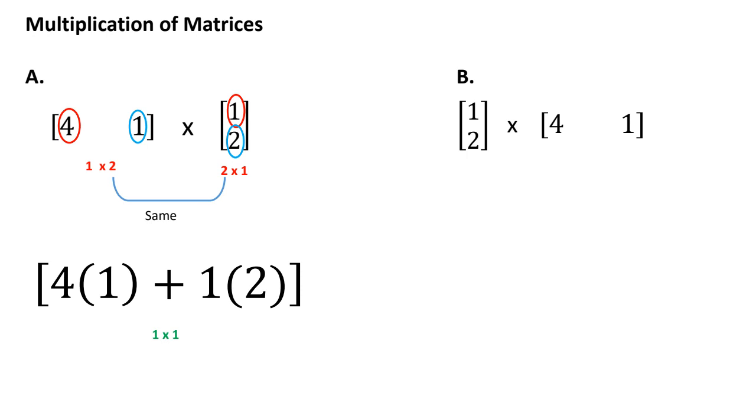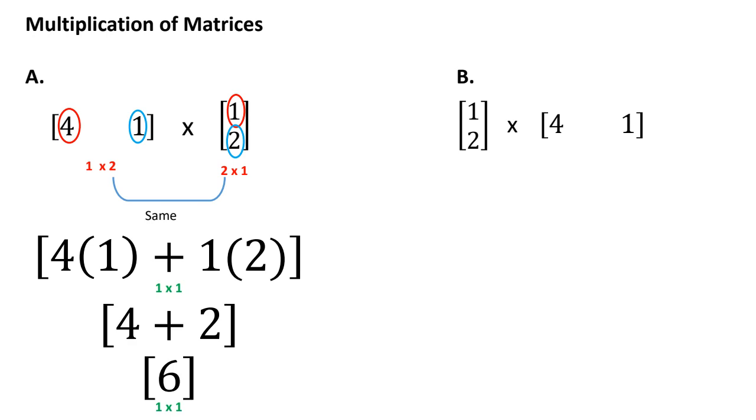So each element will multiply to the element on the column respectively. Yes, so 4 times 1 is 4, 1 times 2 is 2, and I'm going to add those two values. 4 plus 2 is 6. Hence, I get my answer. It's a 1 by 1 matrix. Yes?